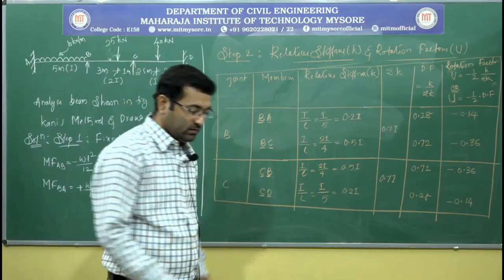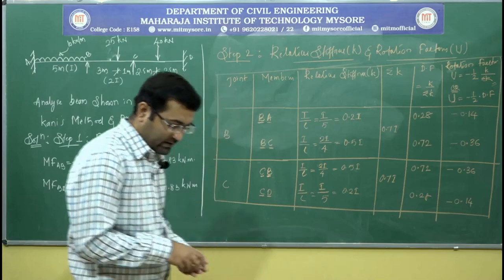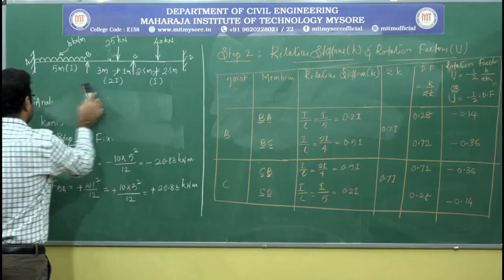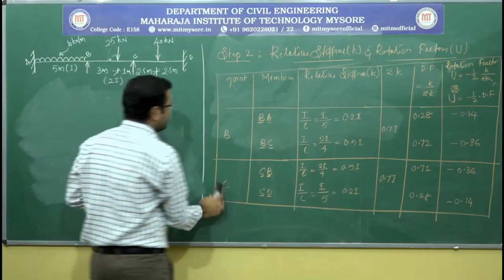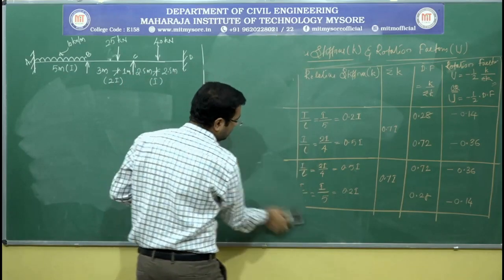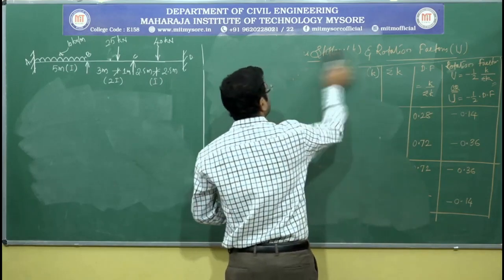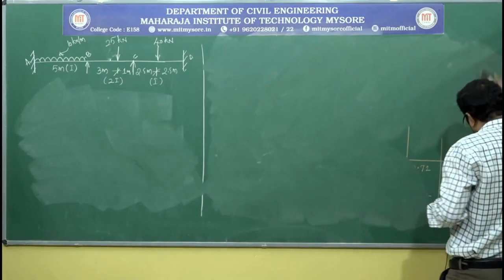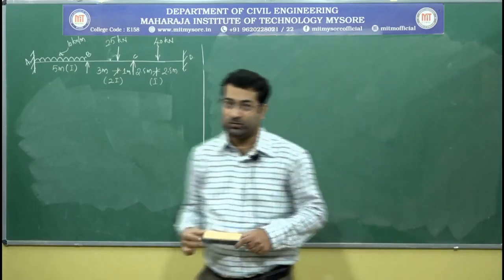Now we need to go for step number 3, which we call Kani's table. It is an iterative step, like a moment distribution table, where we need to calculate many values again and again. In this step, we calculate the rotation contributions.